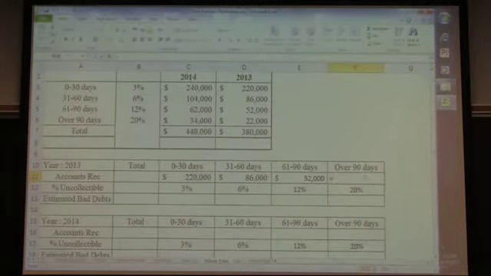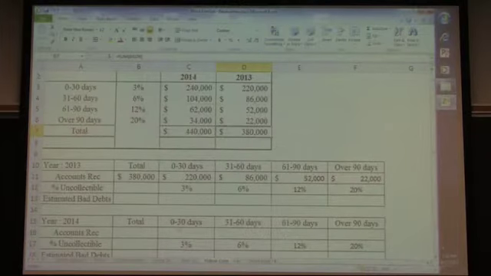And then over 90 days, I have $22,000, with the total receivables of $380,000, which is a total of all these, which should add up to the same amount here.